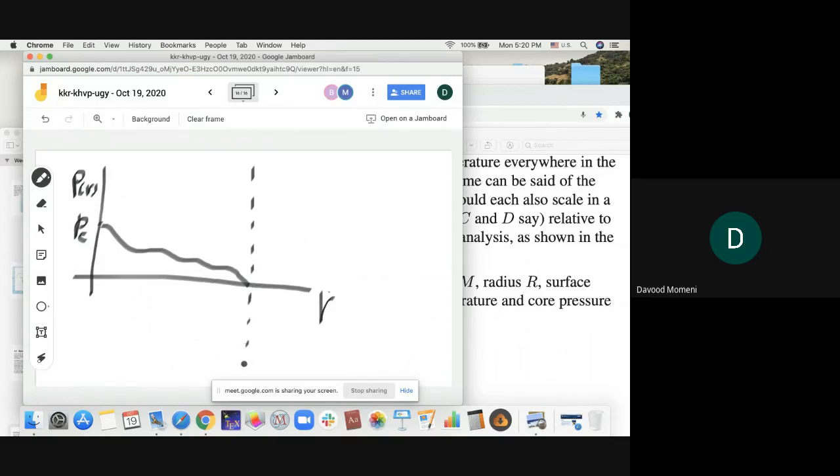This is the interior region, and this is the exterior region. Exactly here, when the pressure is 0, you can say that this is the radius of the star.